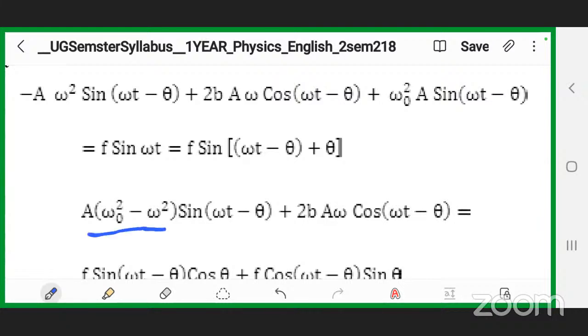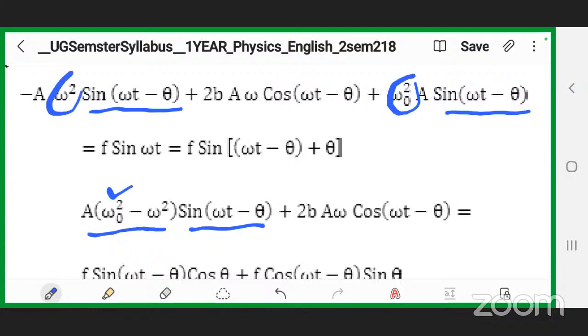A omega naught square minus omega square sin omega t minus theta. Where is sin omega t minus theta? Here it is there, and also here it is there. So that omega naught square, this one, minus omega square, into sin omega t minus theta, plus 2 beta a omega, same portion here, right?